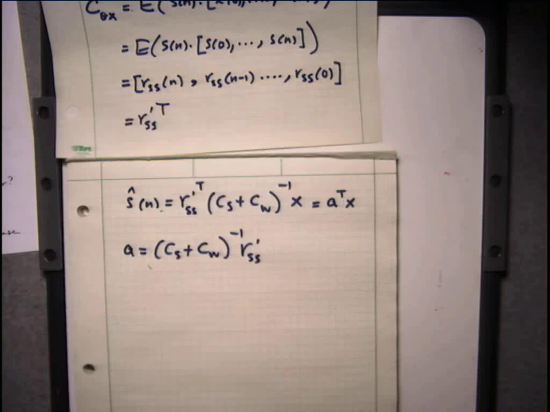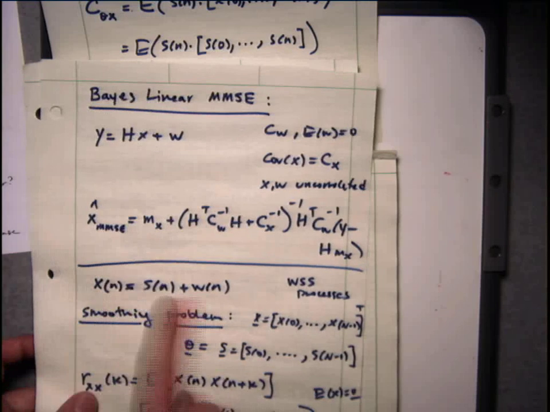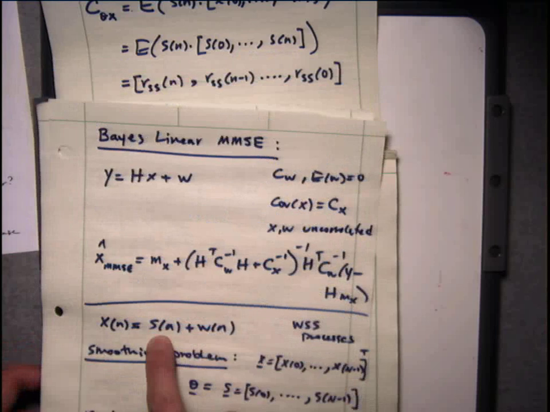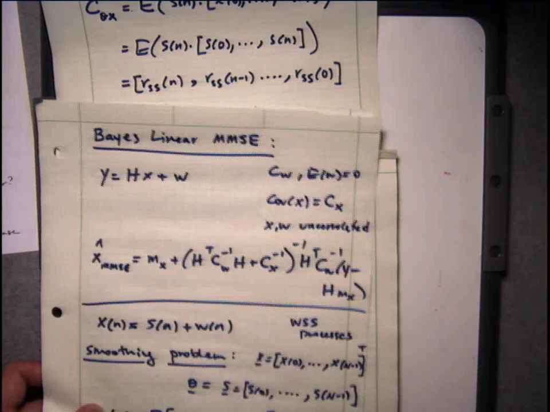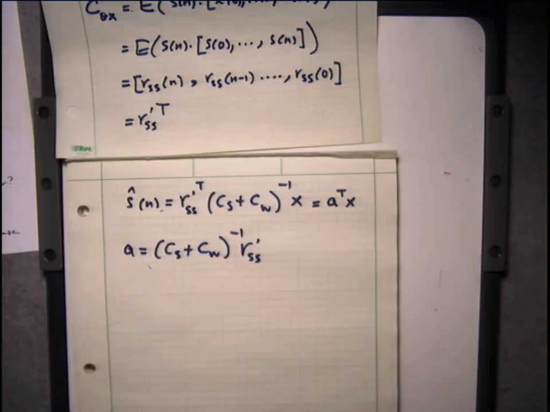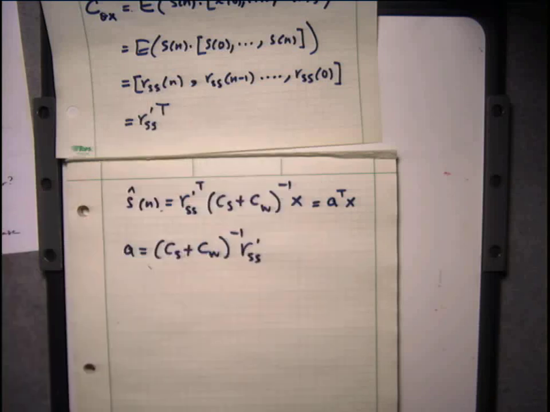So just take what I wrote, X equals S plus W. W is the same as W. S here is taking the place of X, H is identity, and X is playing the role of Y. That's it. Everything else is the same. So if you understood that part, then you will be able to understand this offline if you look at it one more time.